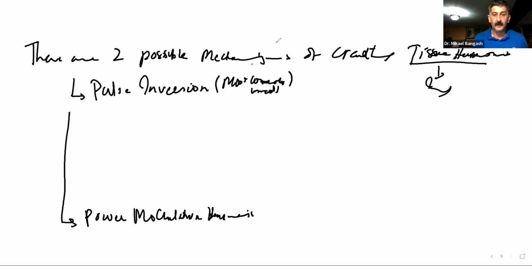As far as these two mechanisms are concerned, you may find an explanation of them in the textbook, but you don't have to go into the details of the explanation of those mechanisms.